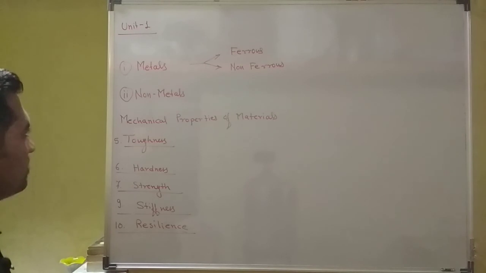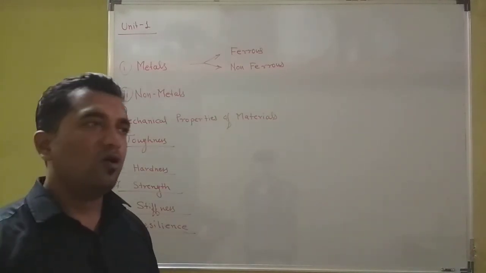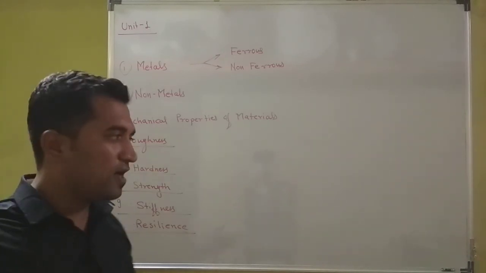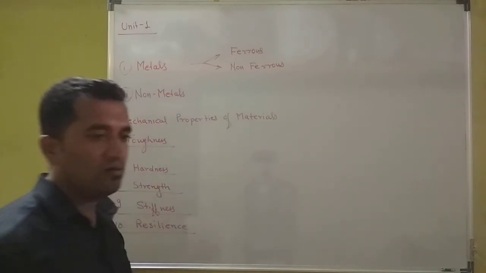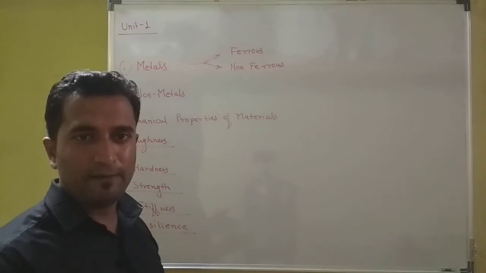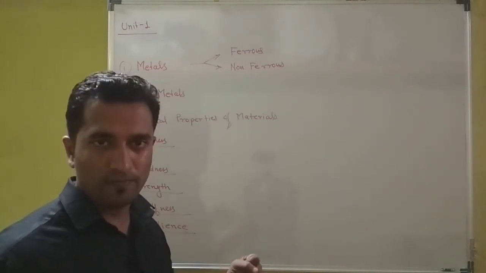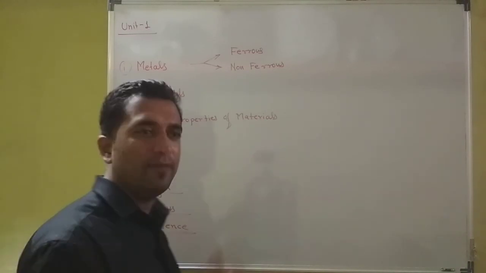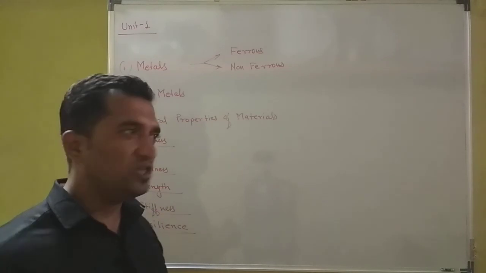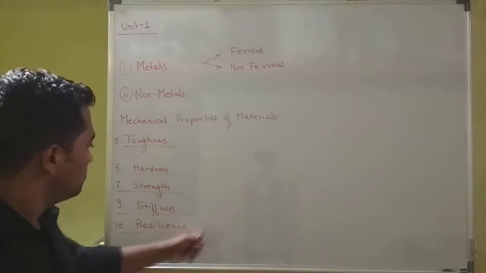Now, resilience is the property which absorbs more energy or more force under impact loading. Whenever you are impacting on a material, it has to absorb more load. It should not break when you are applying impact load. It has to absorb more load, and such load absorbing property, we can say that is resilience.